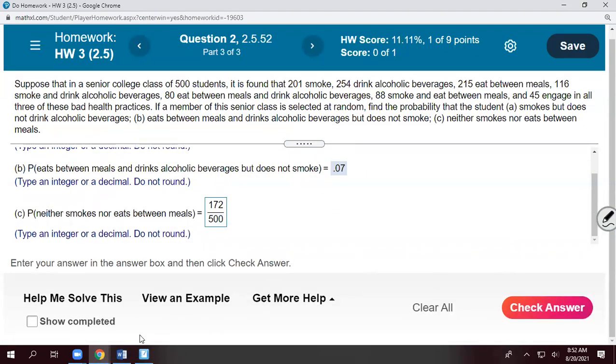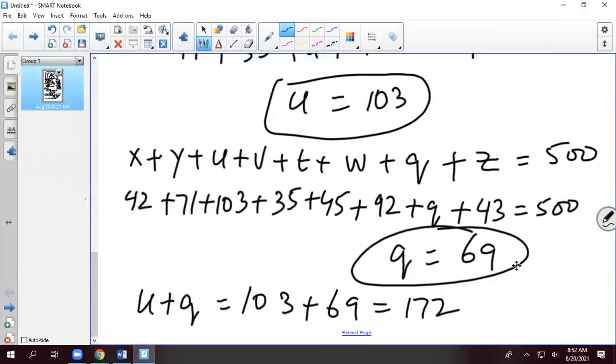So some kind of a mistake is made. Let's see. Let's check this first. 135, 215, 318, and 113 is 431. So this looks fine.